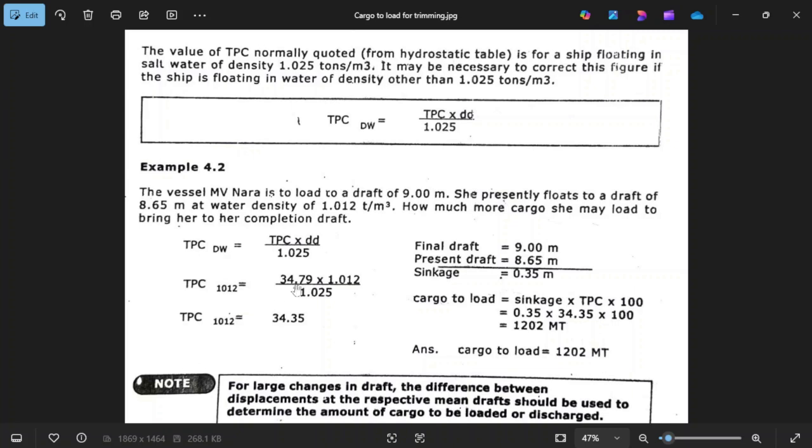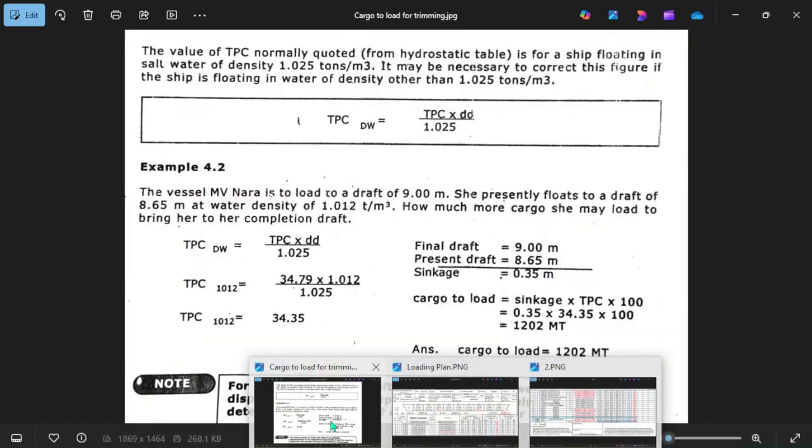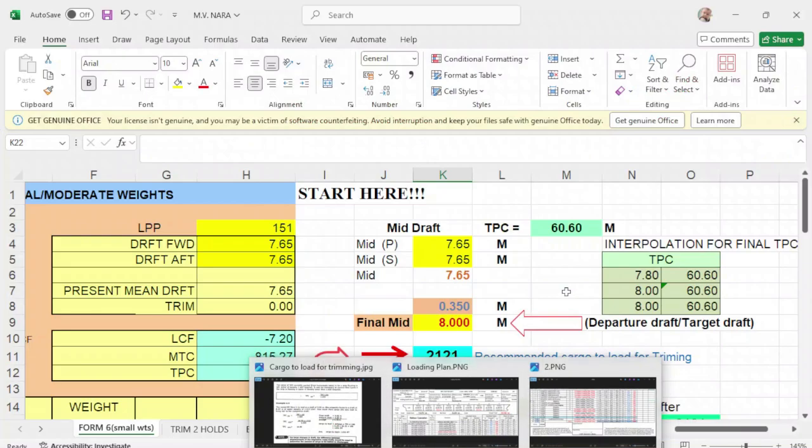So how did you get this TPC of 34? So let's check, guys. 9 meters to 8.65. Okay.